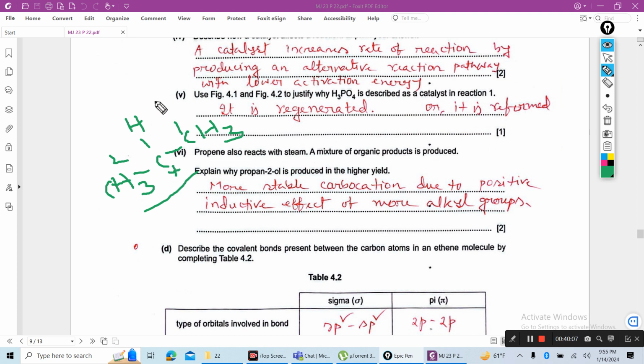So that's why this carbocation is more stable. For this reason, propan-2-ol is the major product. More yield, more product you will get. So the answer will be: a more stable carbocation is formed due to the positive inductive effect of more alkyl groups.